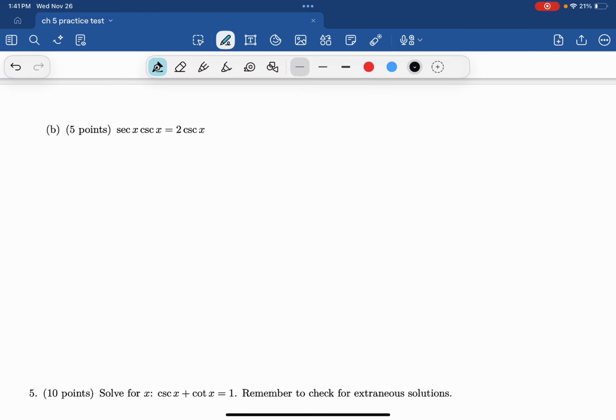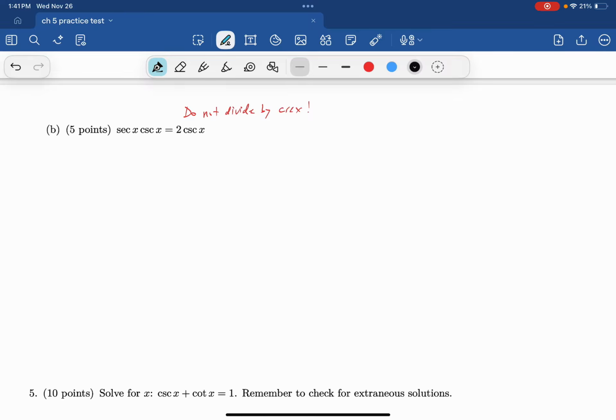Okay. Secant x times cosecant x equals 2 cosecant x. Here you might be tempted to divide both sides by cosecant, but that would be illegal. It would lose you some solutions. Let me write a reminder. Do not divide by cosecant.